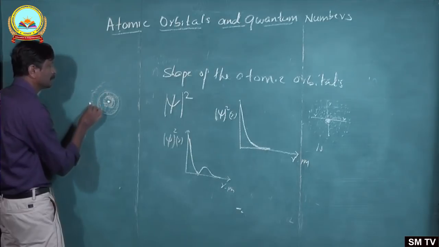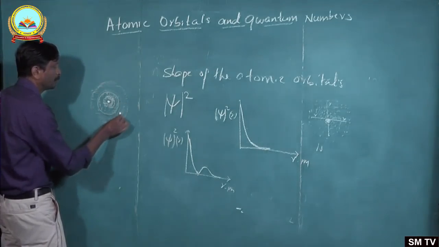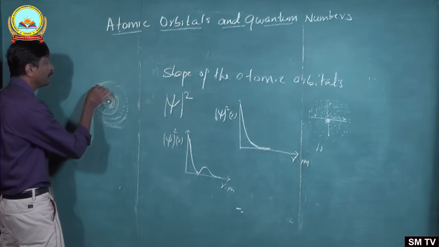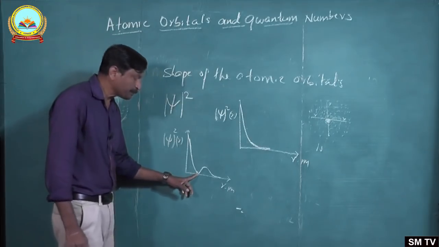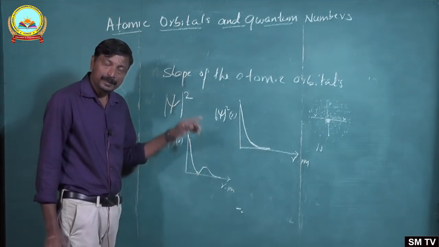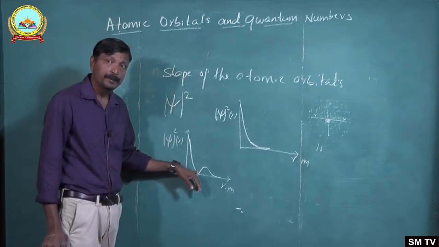So this is the probability density of the electron in the 2s orbital. The point where the electron density is 0 is called a nodal surface.